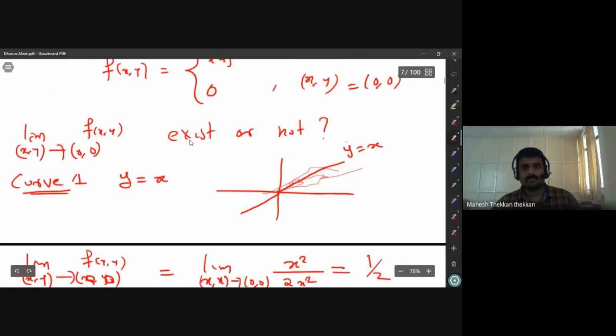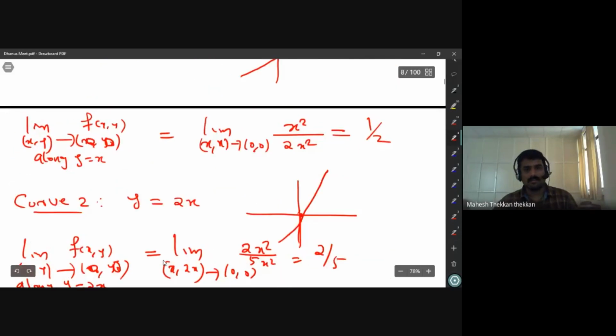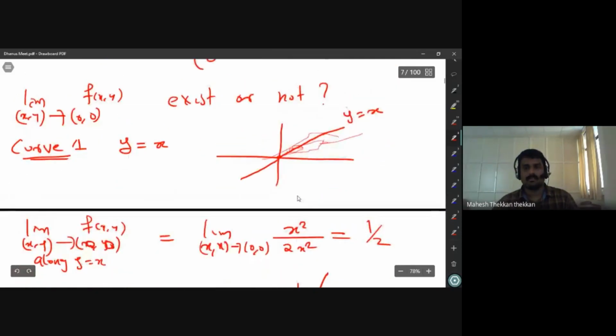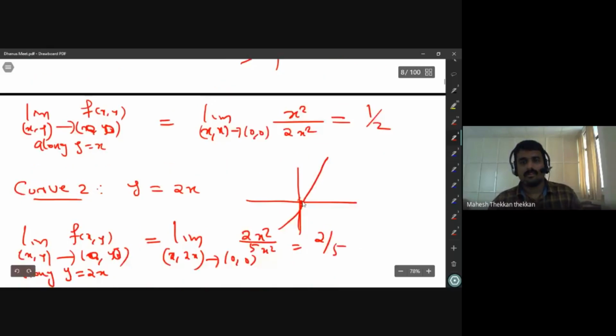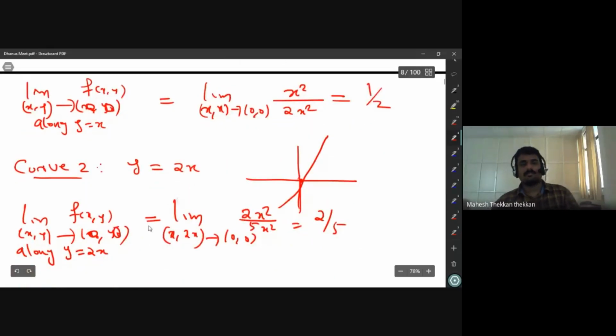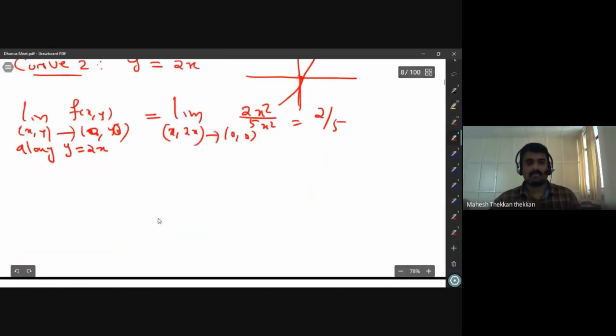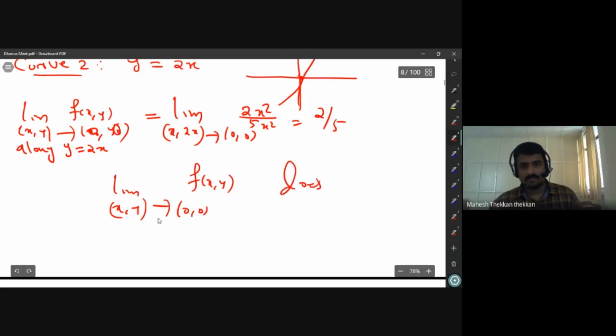In order for the limit to exist, along any curve I have to get the same value. But here in both I got different values. So the limit as (x, y) tends to (0, 0) of f(x, y) does not exist.